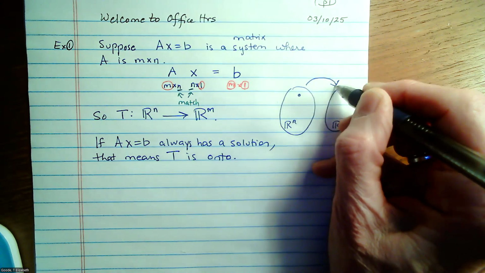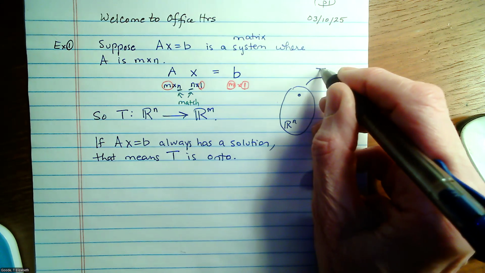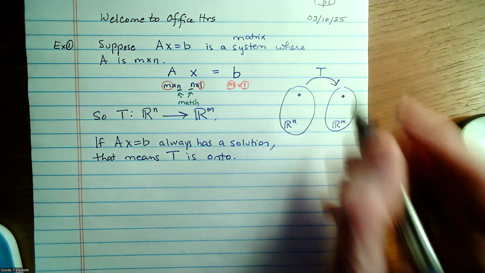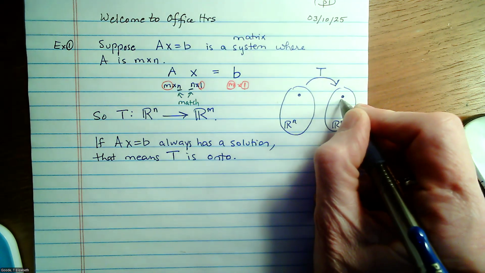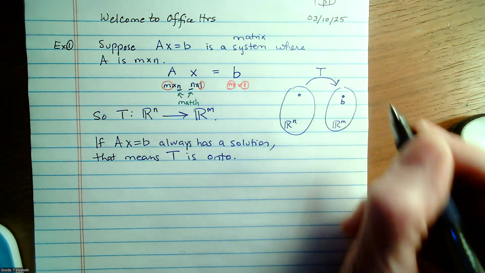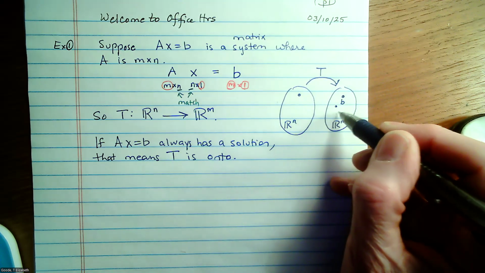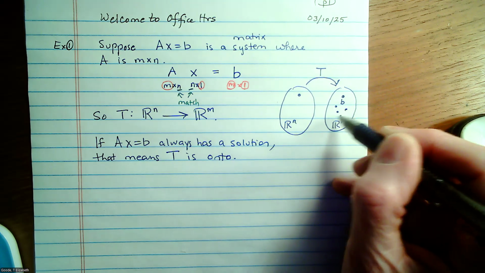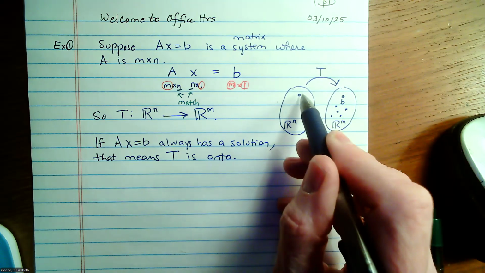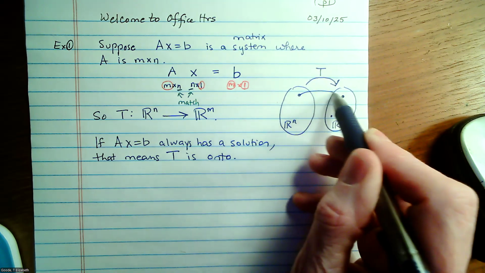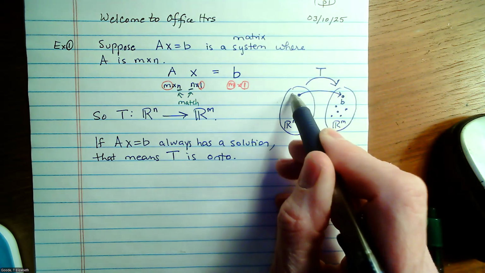And multiplication by A or applying the function T are the same thing. Onto means that no matter what b you pick over here in the codomain, there's always an x back here that will hit it. There's always a preimage.